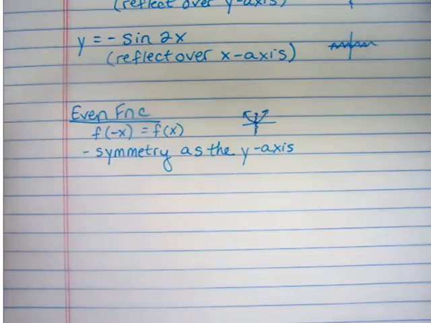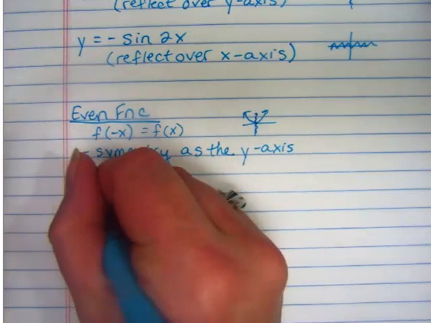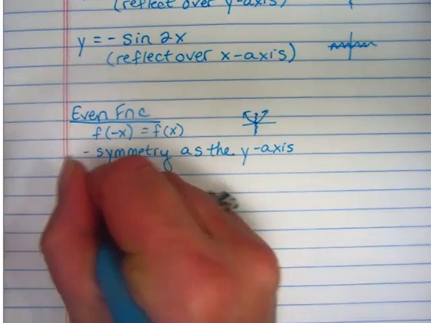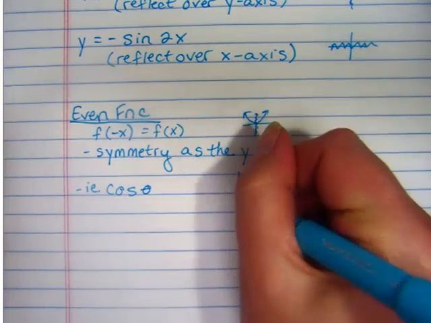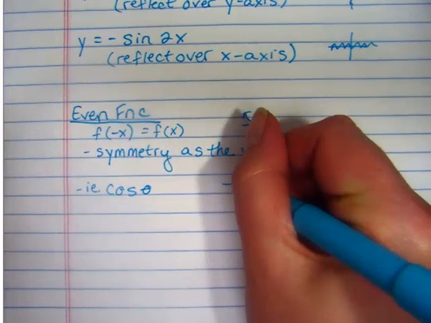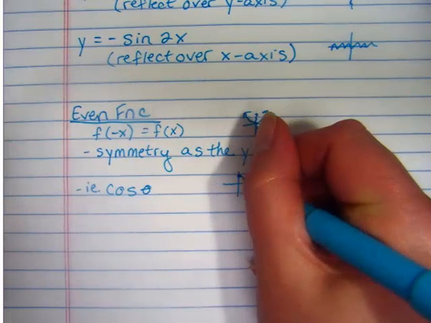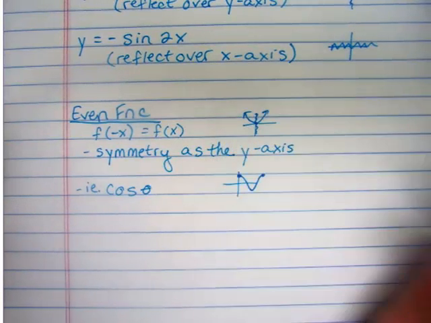So another example of an even function would be cosine theta. Because cosine theta starts at its max, and then down to its min, and then back up to its max.